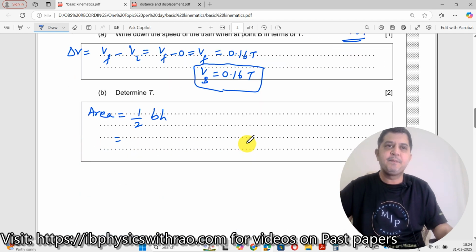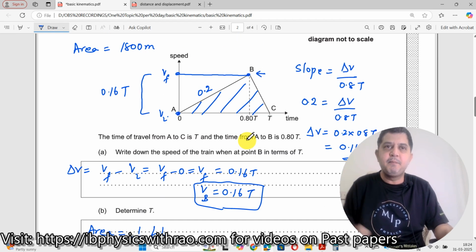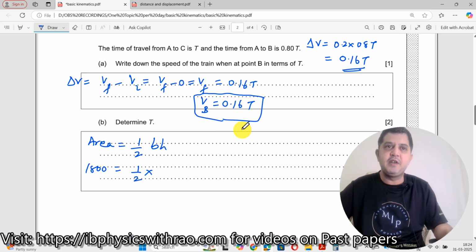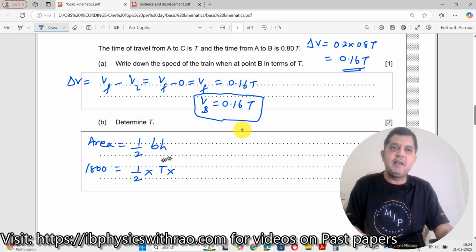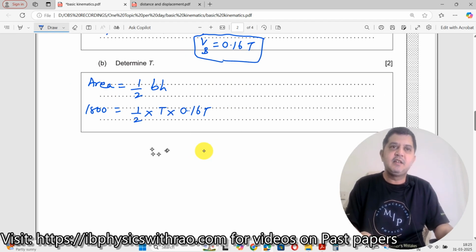So 1800 is equal to half multiplied by the base. The base here is the total base. Don't take up until here; I am taking the total triangle, so this should be t. Half into t multiplied by the height, which is 0.16t. So this is equal to 0.08t square.